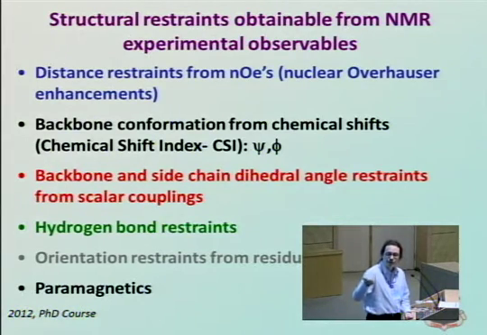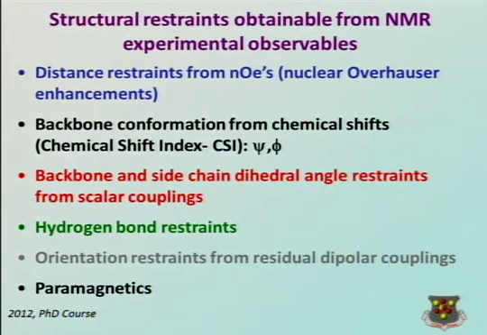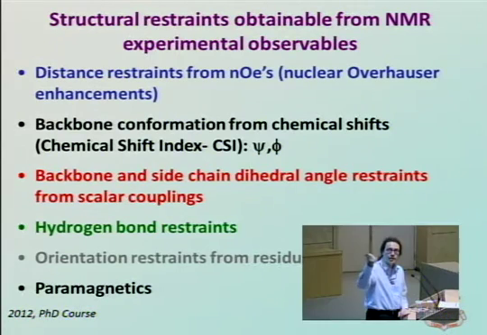The kind of restraints you can get is relatively extensive, but in practice most structures still today are largely solved using distance restraints from nuclear Overhauser enhancements. Then you can get dihedral angle restraints from different sources, chemical shifts or scalar couplings.